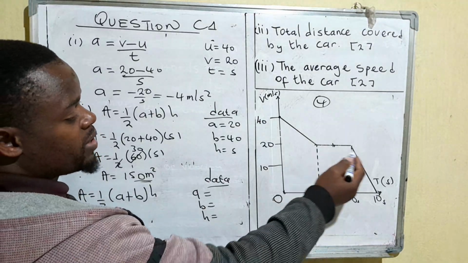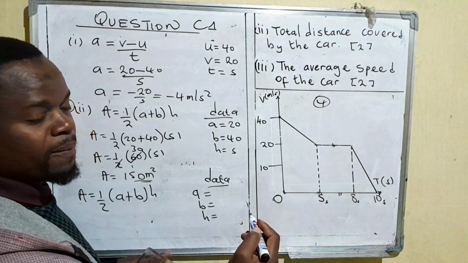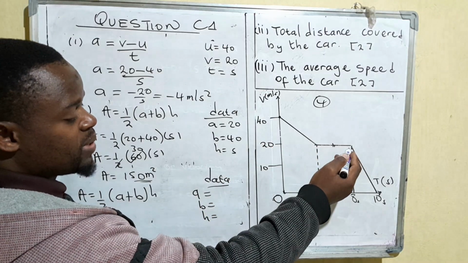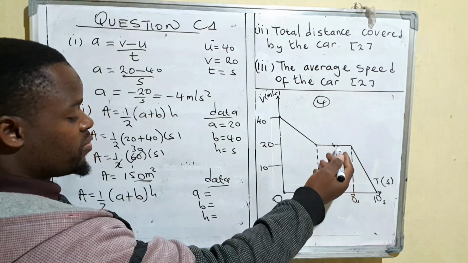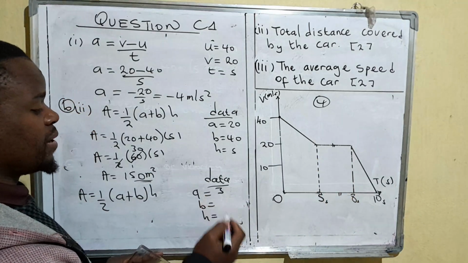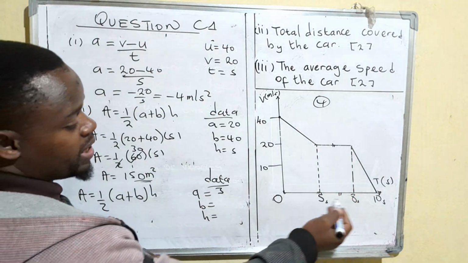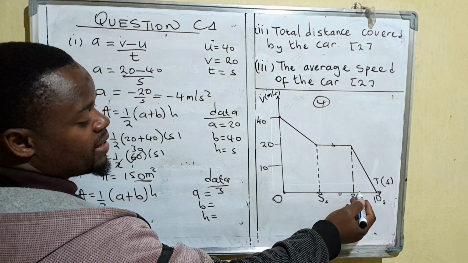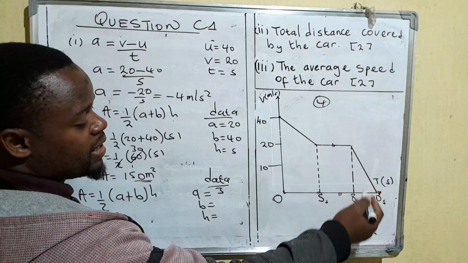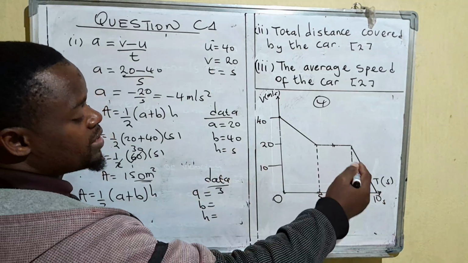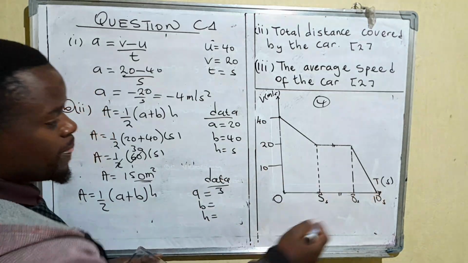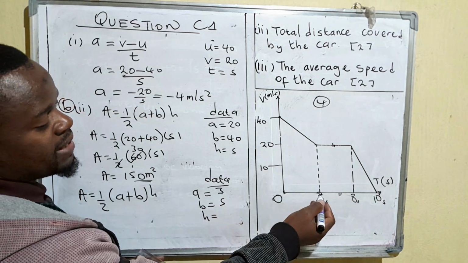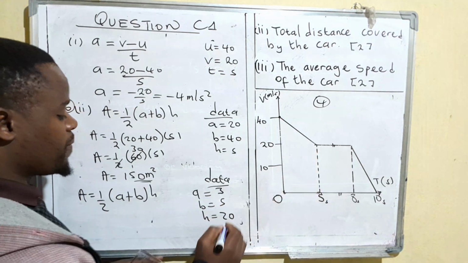So this one from here to there, we read that the car proceeded with the same speed for 3 seconds, right? 5 plus 3, that's it. So A is equal to 3, and then B is from here to there. So 10 minus 5, that's 5. In the last section of the journey, the car took 2 seconds for it to come to rest, so that's 5. So B is equal to 5, and then the height is from here to there, it's a 20, right?